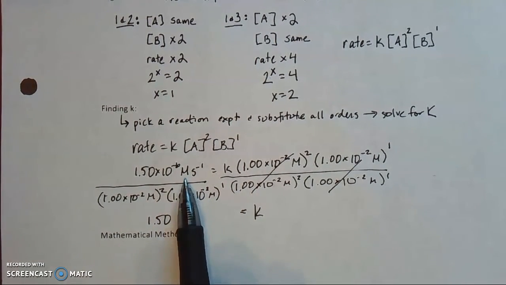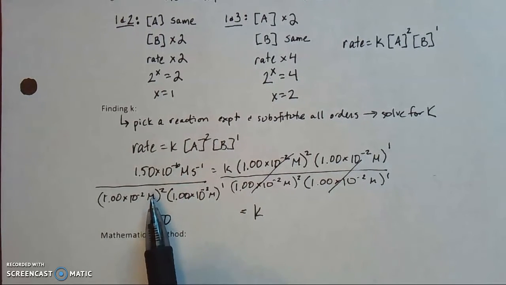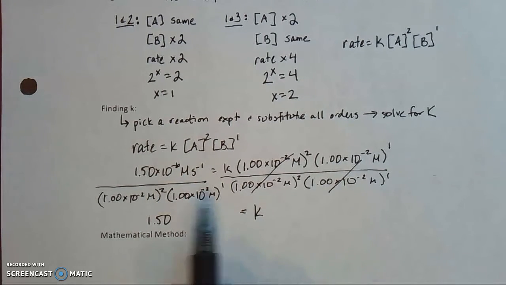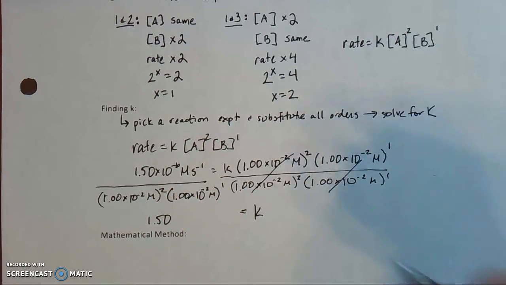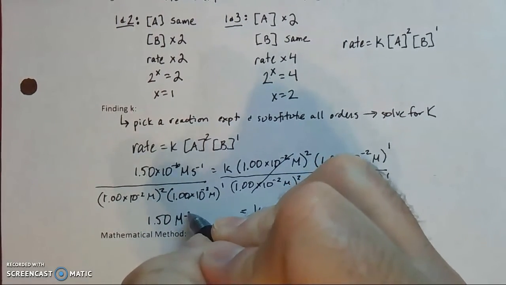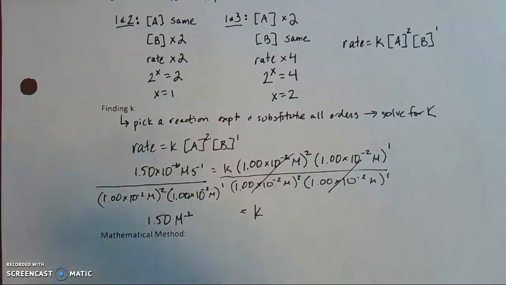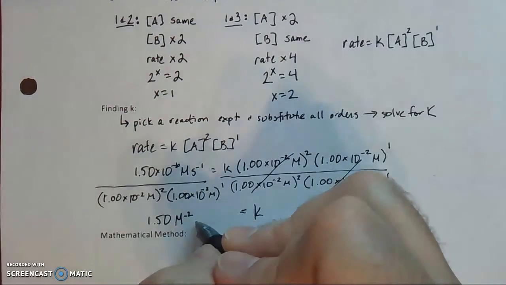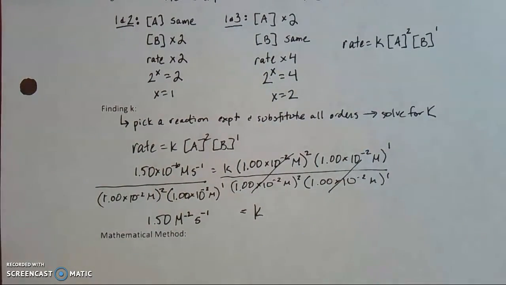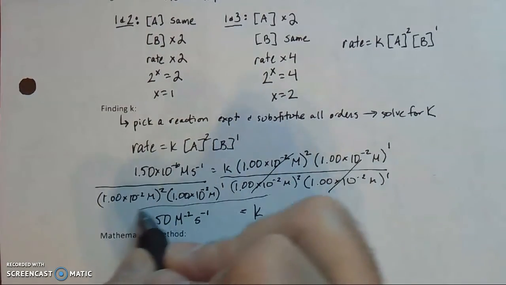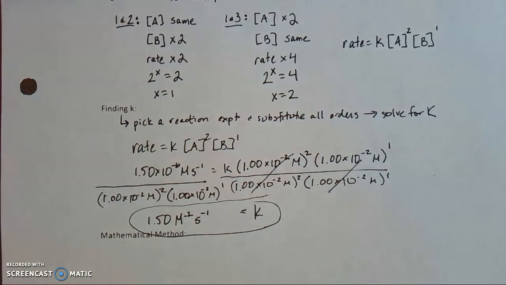On top in the numerator, we have 1 M. Down here, we have 3 M's because we have this one squared. So that leaves us 2 M's in the bottom. So that's M to the minus 2. And we still have our s to the minus 1. So this is our k value: 1.50 M to the minus 2, s to the minus 1.